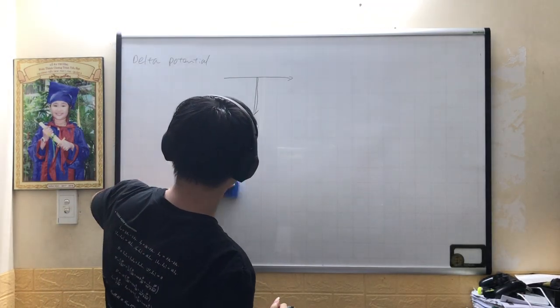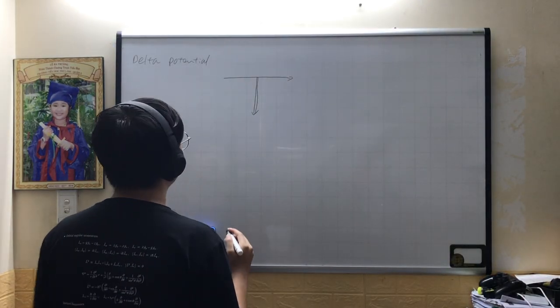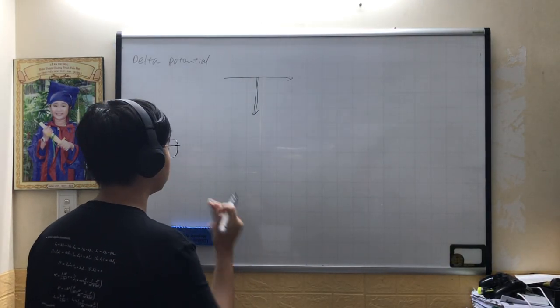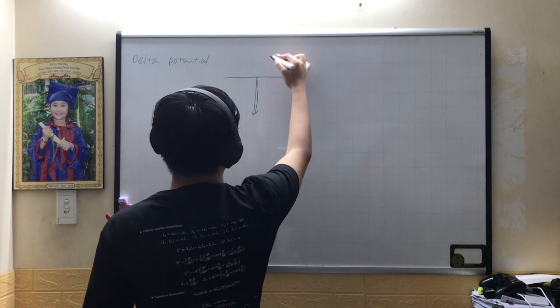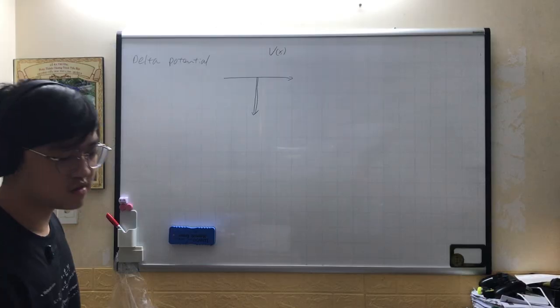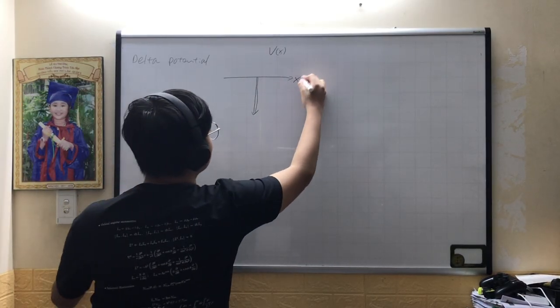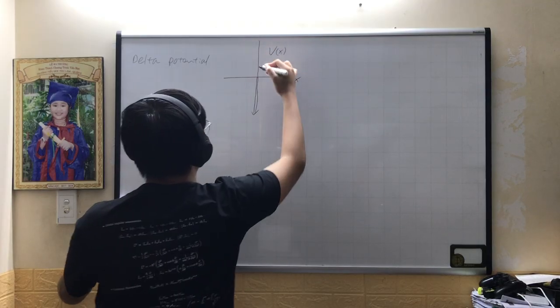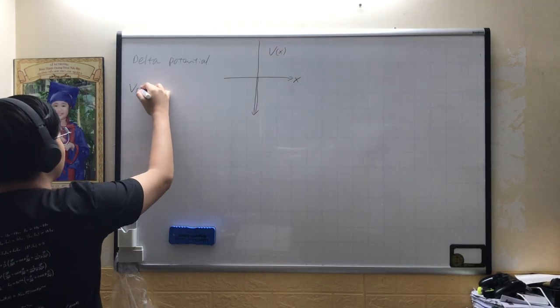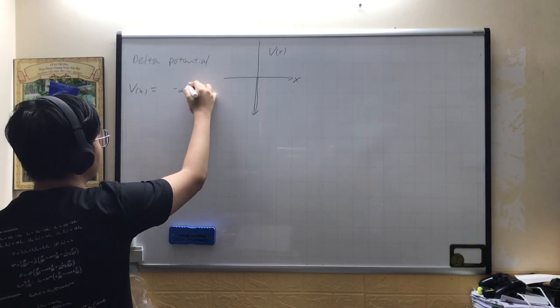But today we're gonna take a look at this form for our delta potential. This is called a delta well. So there is a delta spike and a delta well. Today we're going to take a look at the well, sorry.